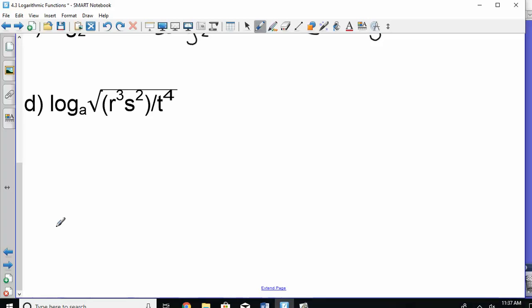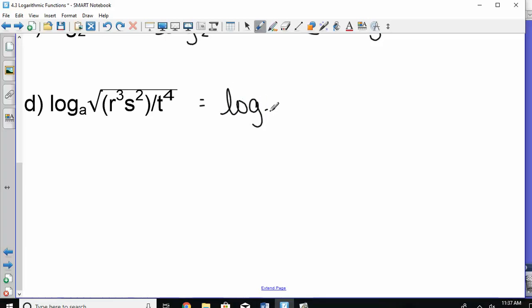Log base A of the square root of r cubed s squared over t to the fourth. Turn it to like 3/2, to like 1/2. Yes, that's a great option.